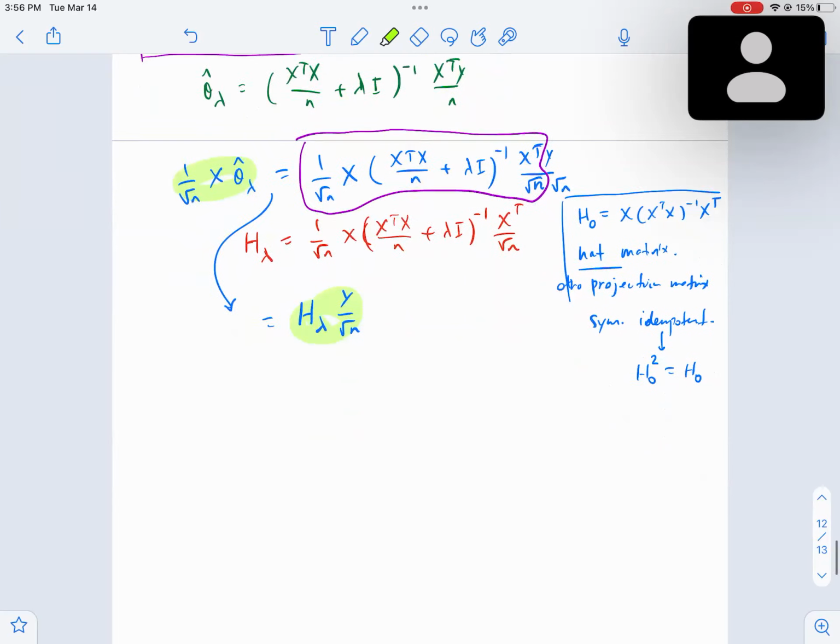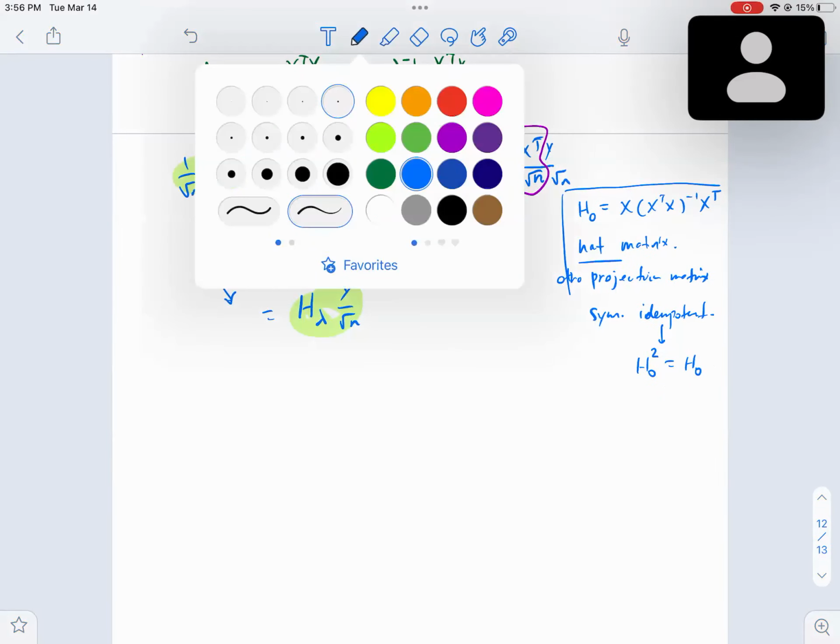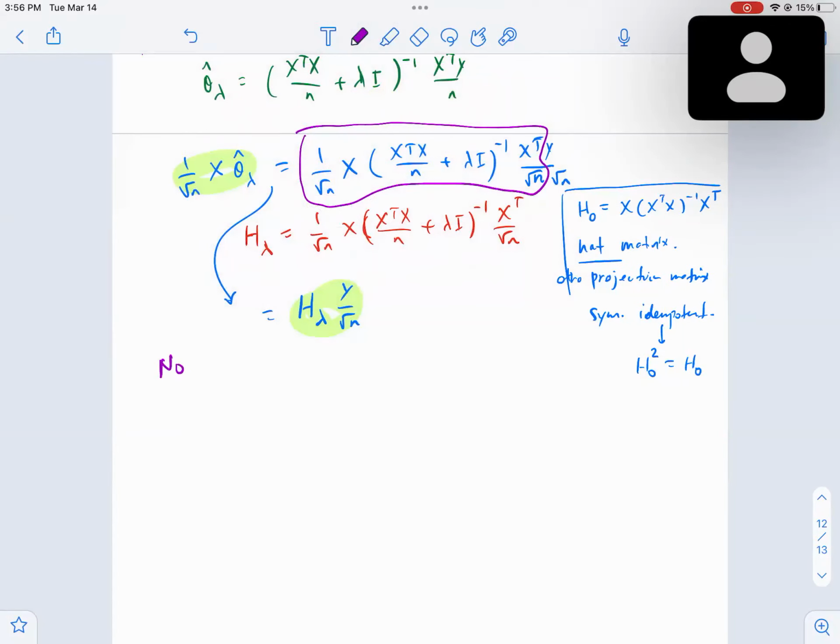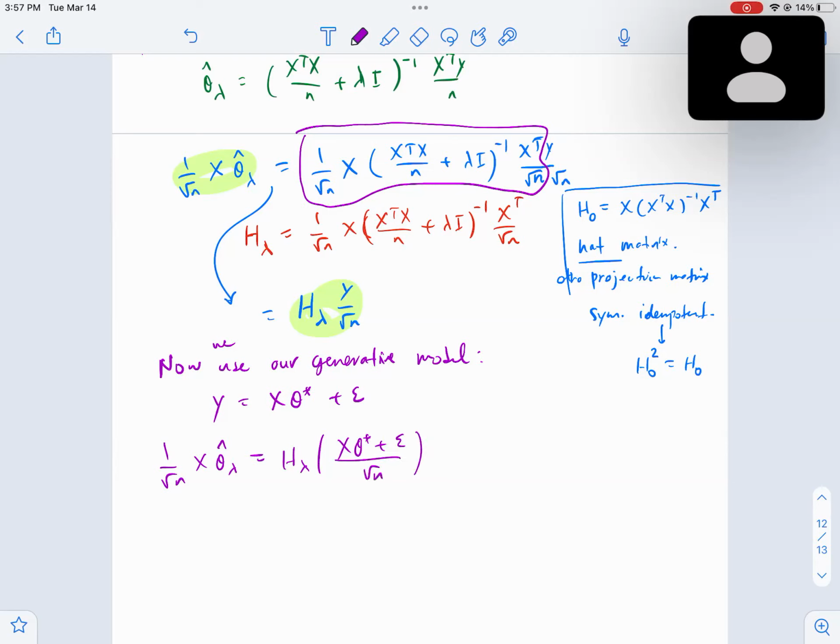But now we use our generative model. So y is x theta star plus epsilon, if you remember. I'm going to plug this in, so I get 1 over root n x theta hat lambda is h lambda y over root n, which is h lambda times x theta star plus epsilon, divided by root n.